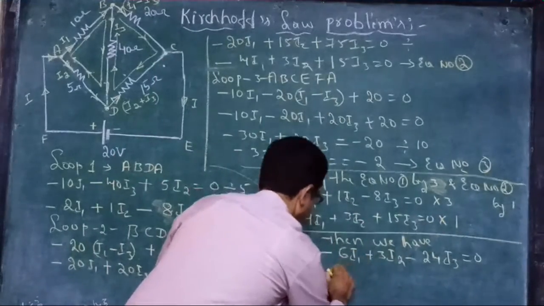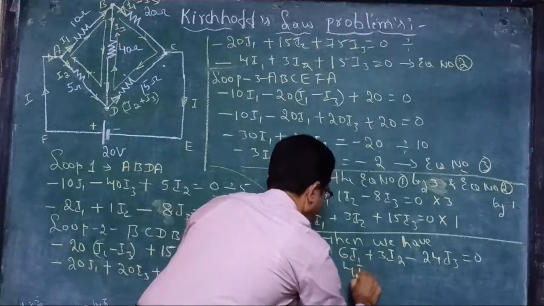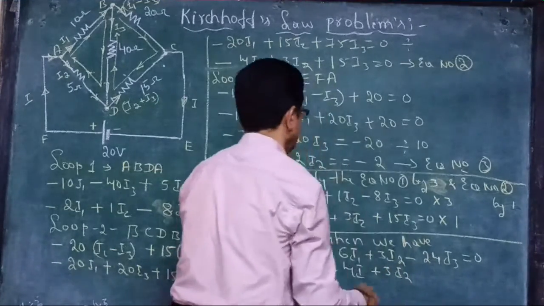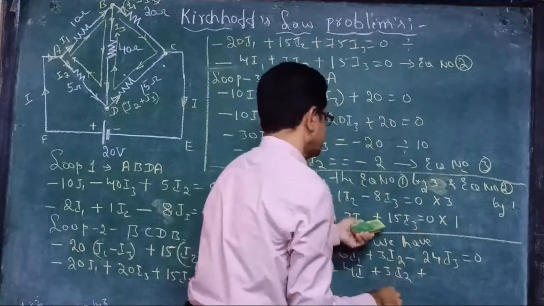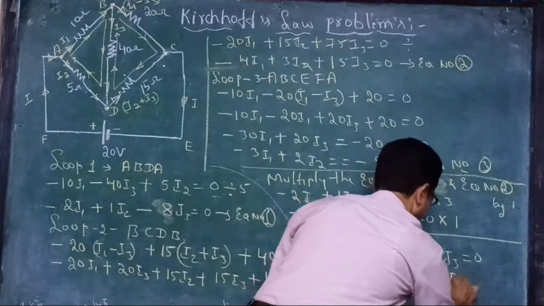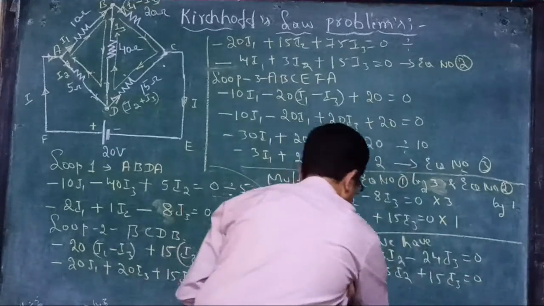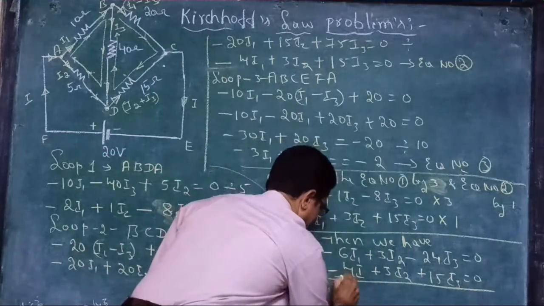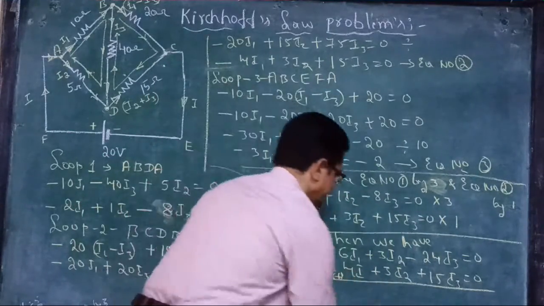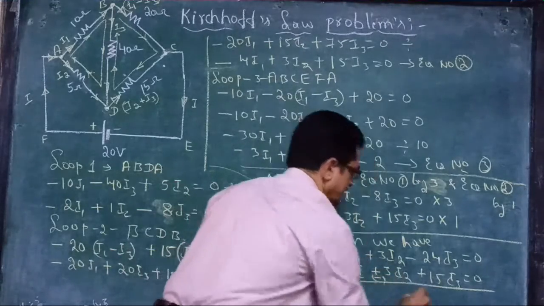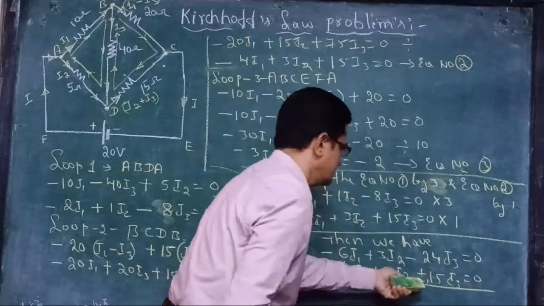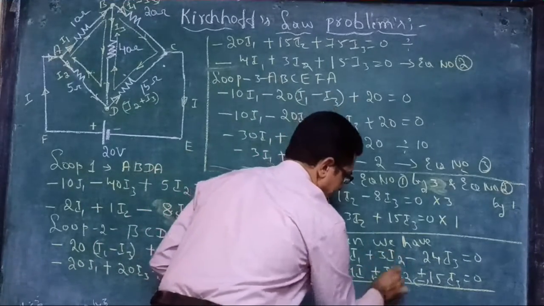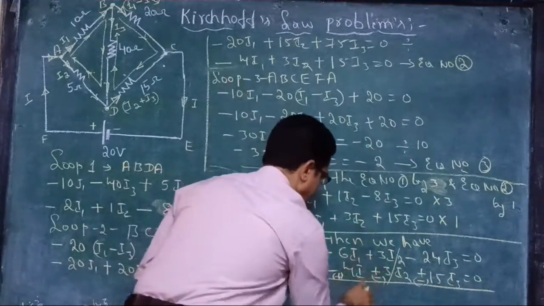Here minus 4 I1 plus 3 I2 plus 15 I3 is equal to 0. Here the sign will change. Here we should take the positive sign; this is the negative sign, so this sign will change to negative. Here 3 I2 minus 3 I2 cancels.